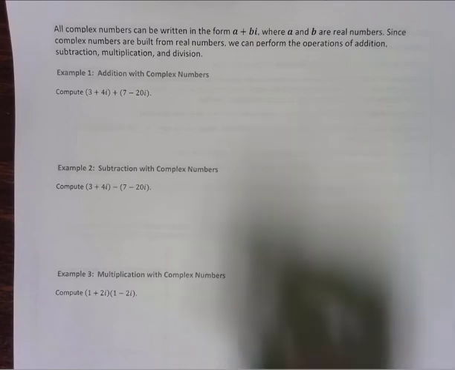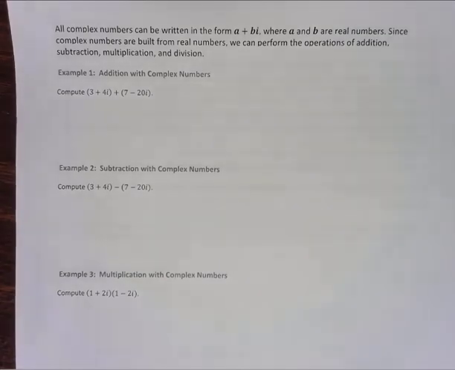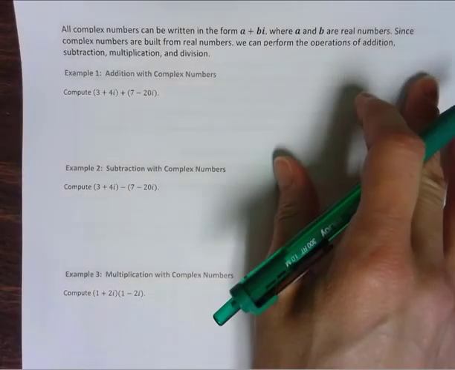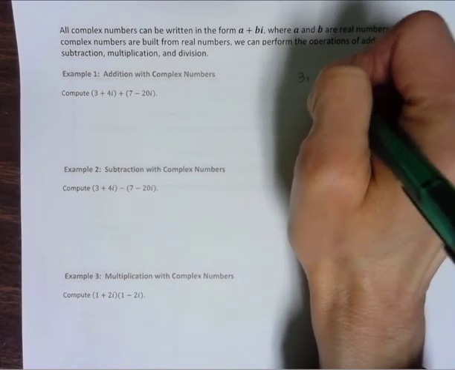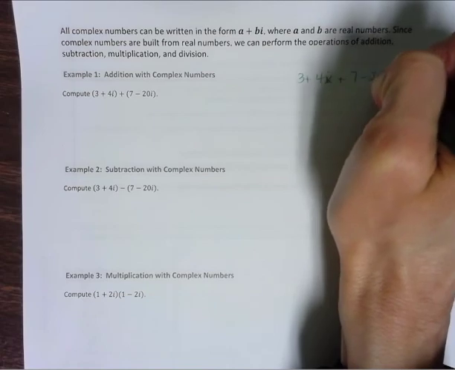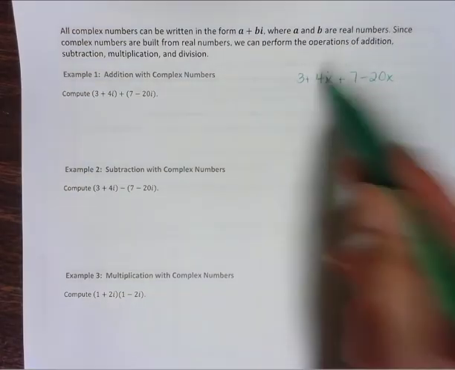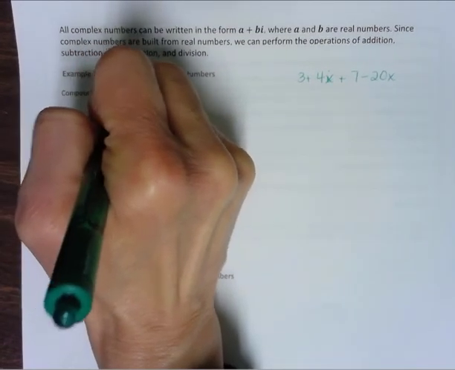Okay, well, what else can we do with complex numbers? Complex numbers can be added, they can be subtracted, they can be multiplied. So we add them in the same way that we would add 3 plus 4x and 7 minus 20x. You would just combine your like terms.